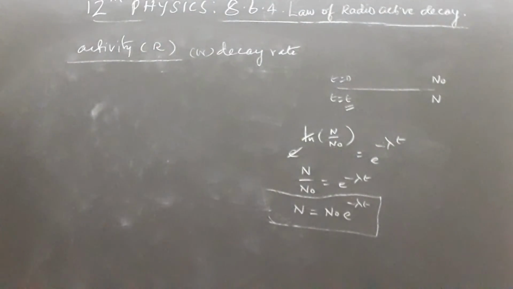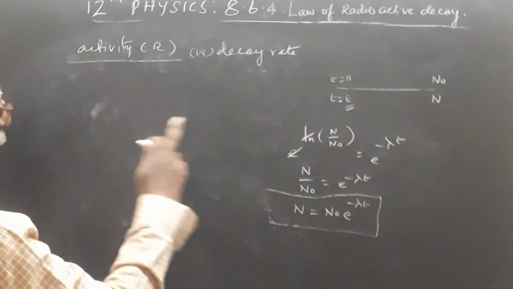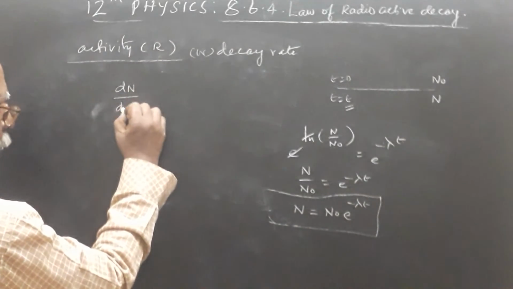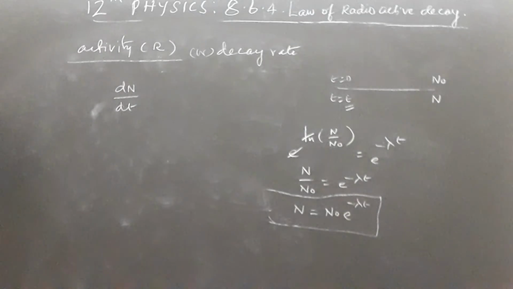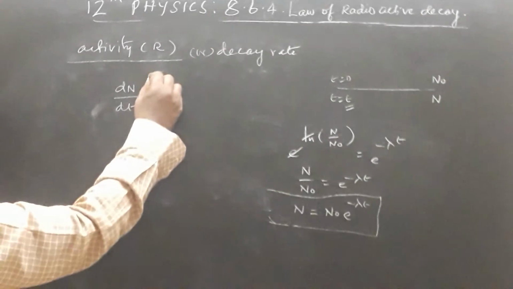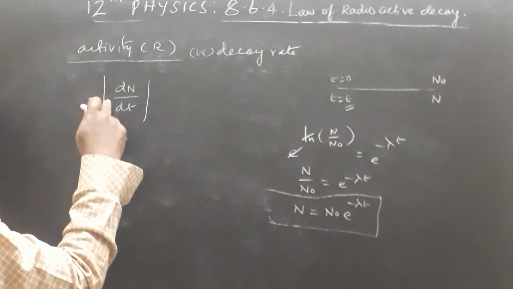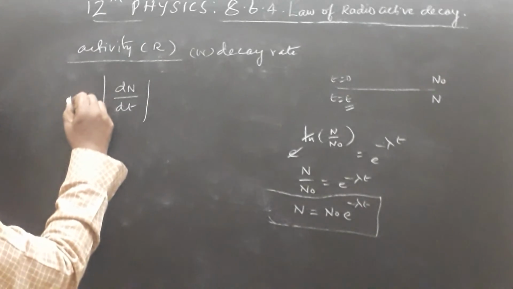Here it is nothing but the number of nuclei decayed per second, and the mod of this value. We are not considering the sign, but only the magnitude.